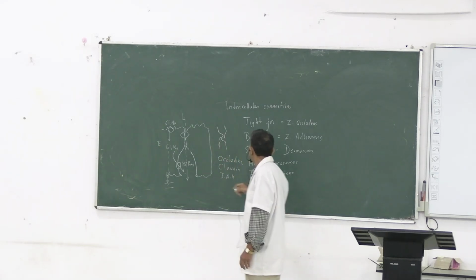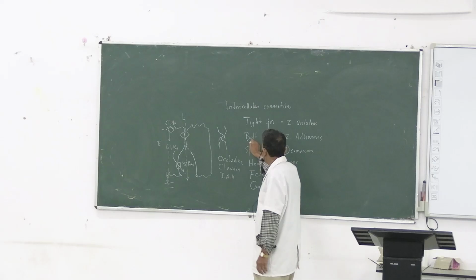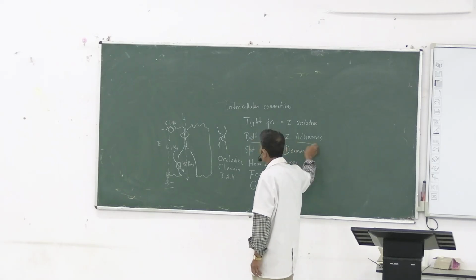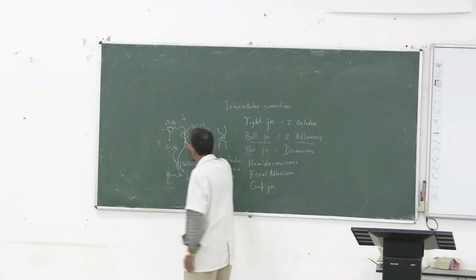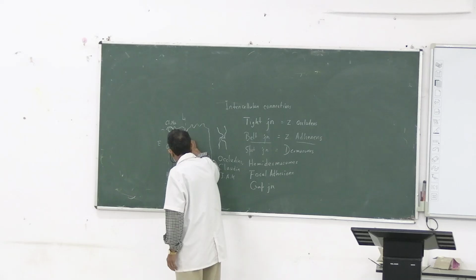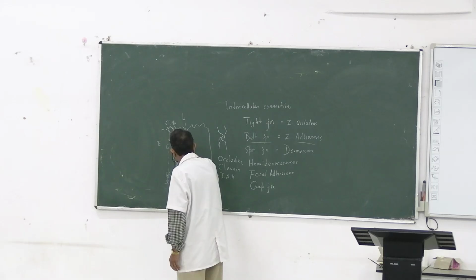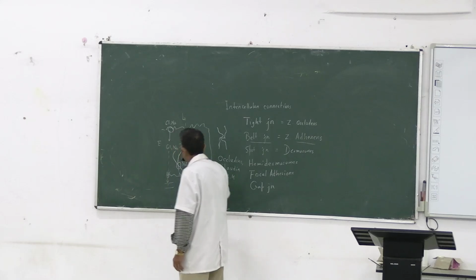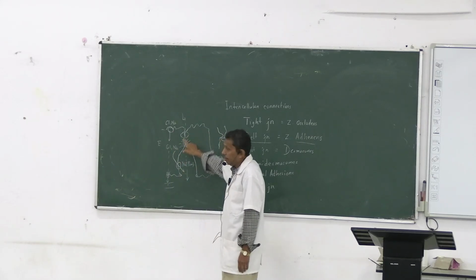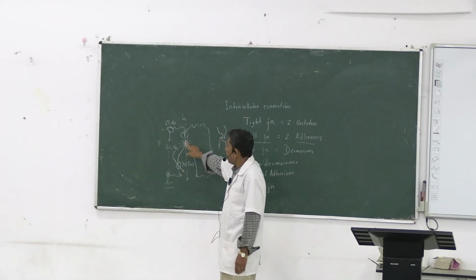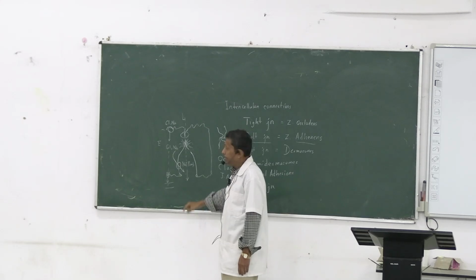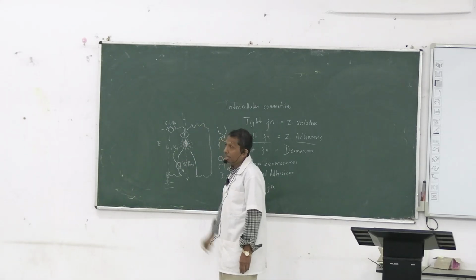It is tight junction. And below the tight junction is the belt junction or zonula adherens. Below this they come together, and there are some proteins, and they are connected to microfilaments. At the basal side, suppose GI tract, renal epithelium, this type of structure is there.